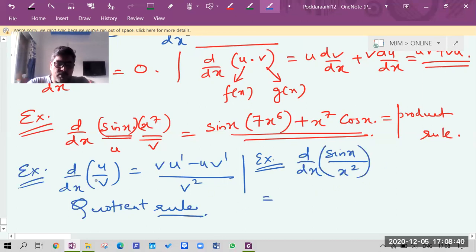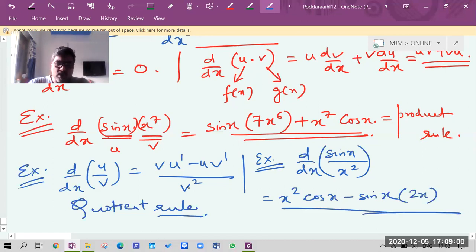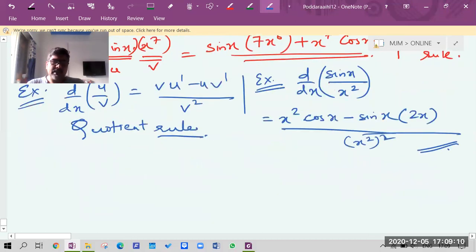So let's follow the formula. v, so x square into u dash, that is sin x's derivative, that is cos x, minus u, that is sin x as it is, v dash derivative of x square, that is 2x, upon v square, so whatever is v, its square, so x square whole squared. So this is basically your answer. Do you understand this?